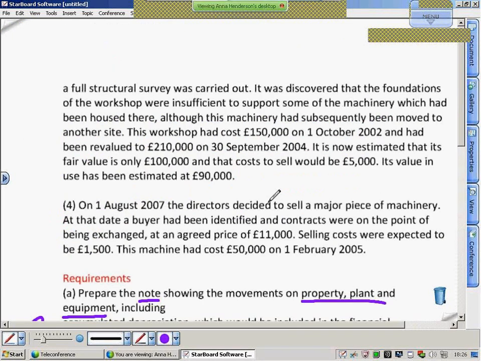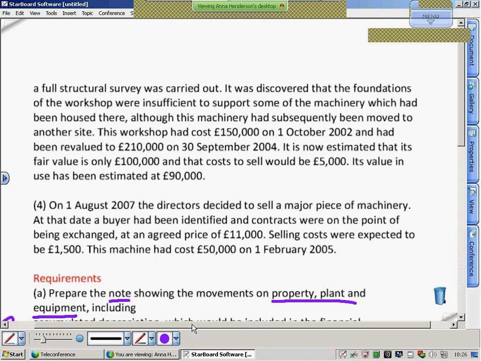Top of the next page, we're told that the foundations are insufficient. We're then told about what the workshop had cost. So that's going to feed into the carrying value, but we're going to have to calculate what the carrying value is at this point.